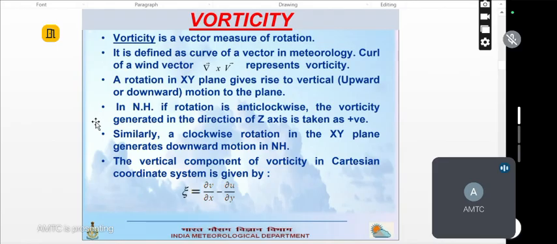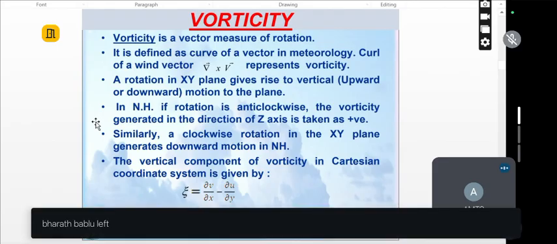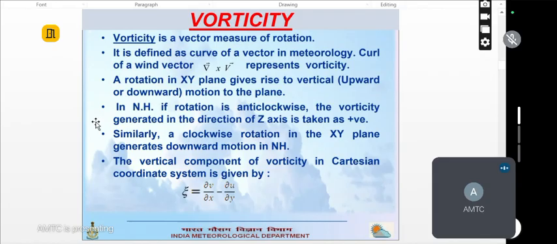We only want to know, by U and V, what is the effect on Z? Please make sure you only want to understand the effect in the Z direction. That means vertically, whether air is sinking or air is rising. You are more interested in this.